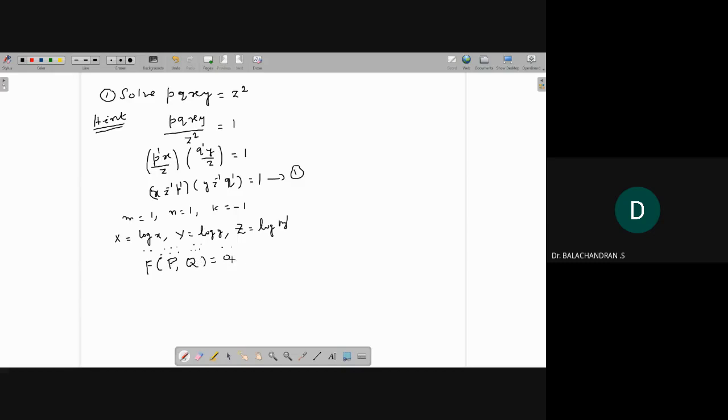I'll just give the final answer. You get PQ equal to 1, so that is f of p comma q. This is equation 2.